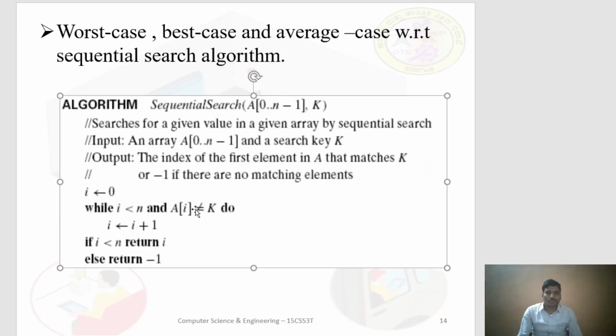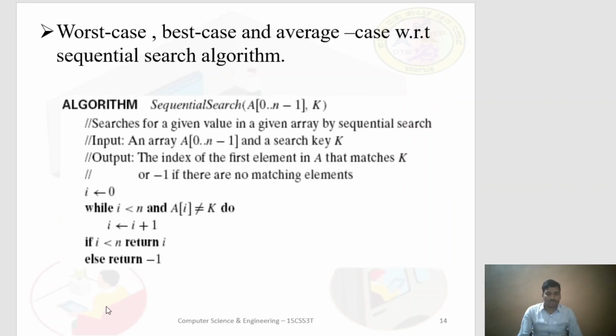If either of the two conditions fails, come out of the loop. After entering into the loop, just increment i, that is i equals i plus 1. After coming out of the loop, compare the position of i. If i is less than n, then return i, else return -1.